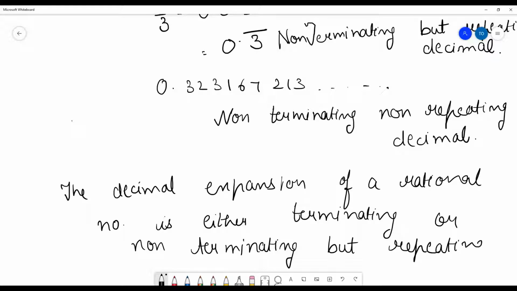So this is a property of a rational number.